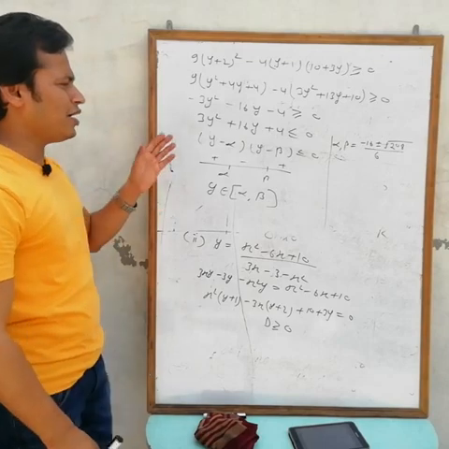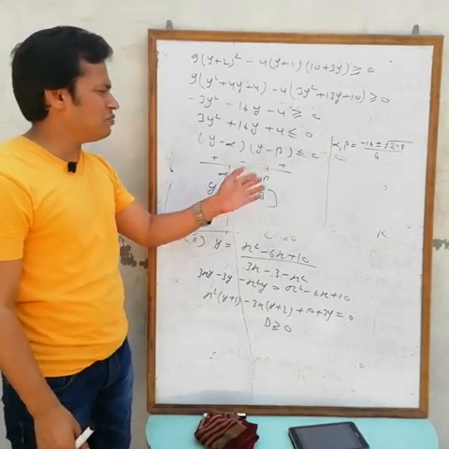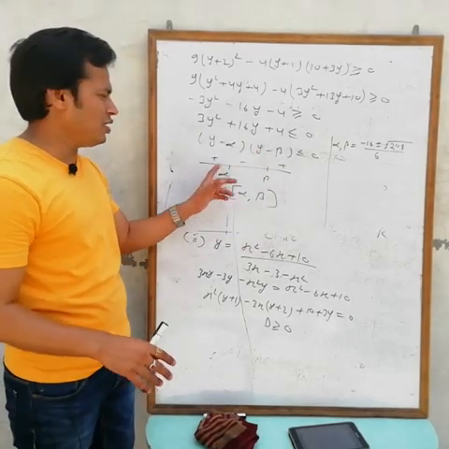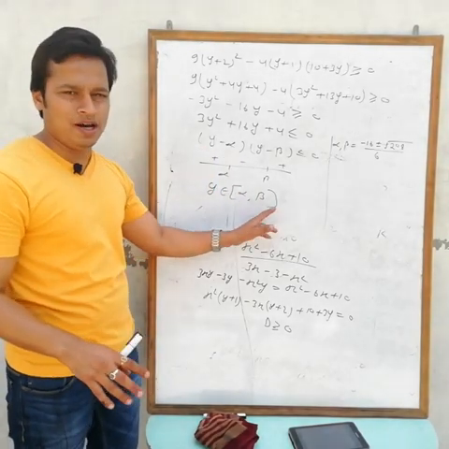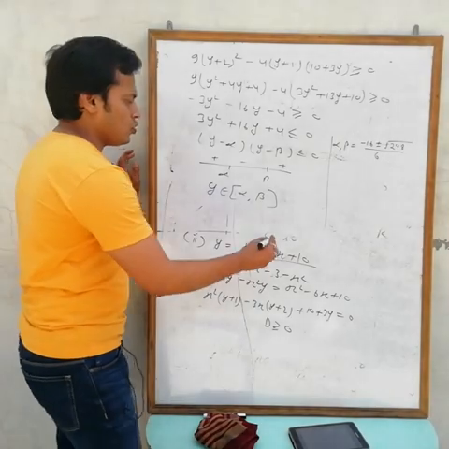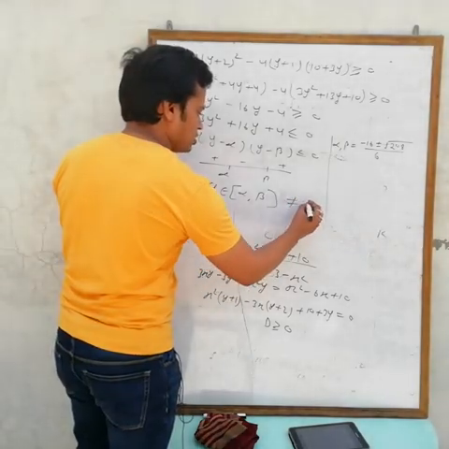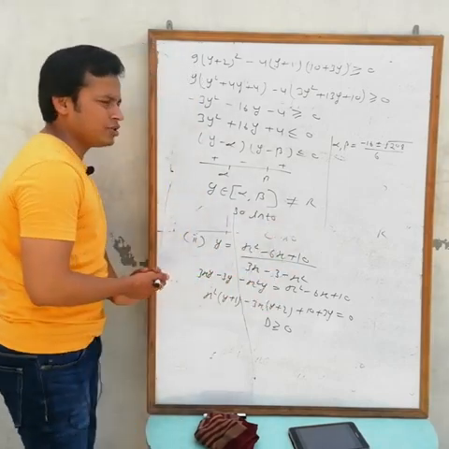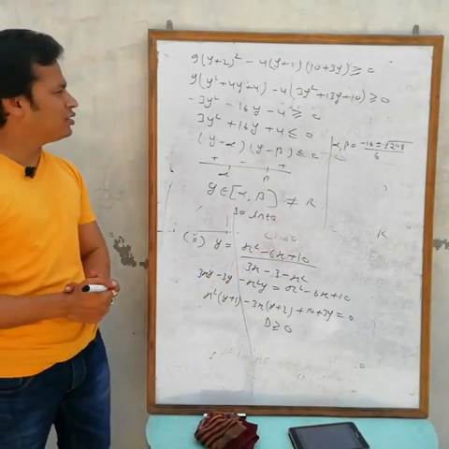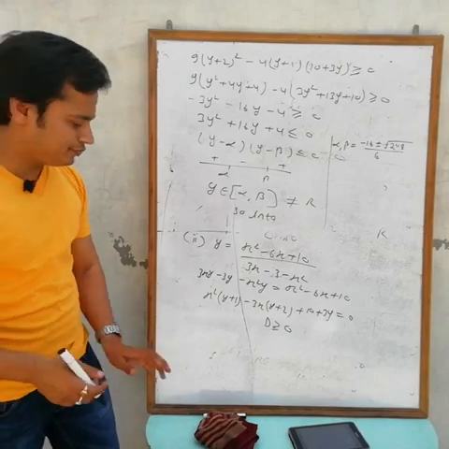So minus 16 plus root of this, by 6. Whatever it comes out to be, but finally you are getting y only from alpha to beta, it means not R. So this is not the same as R. Okay, done. Write down.